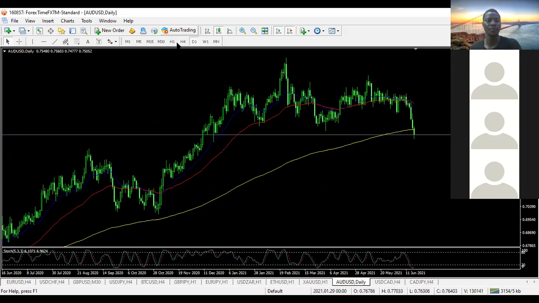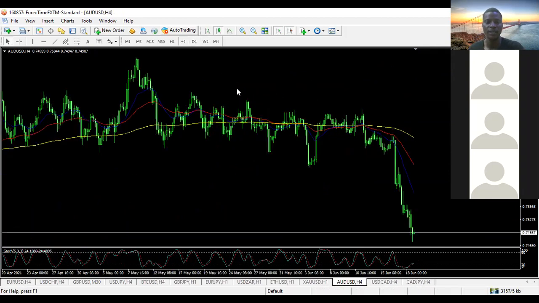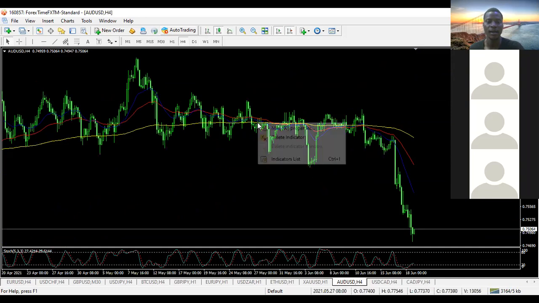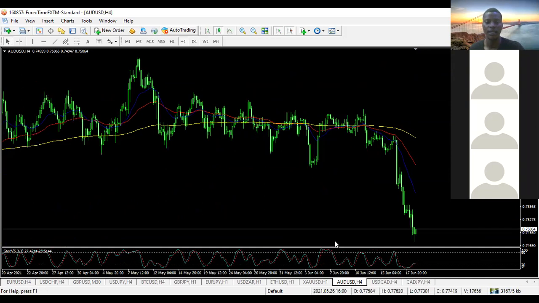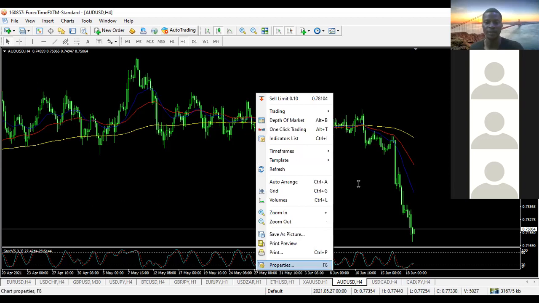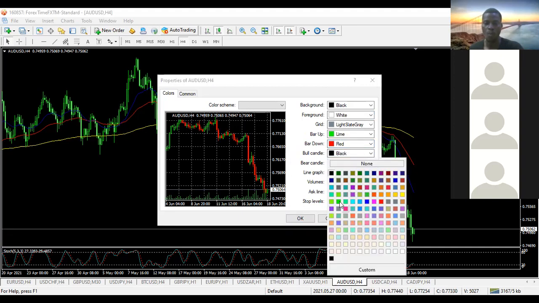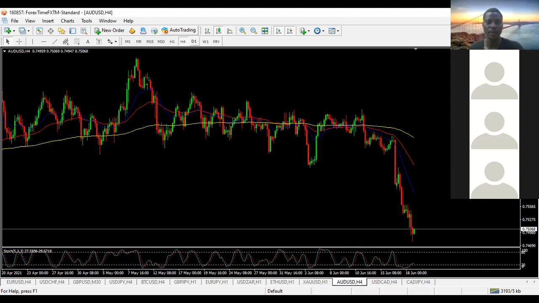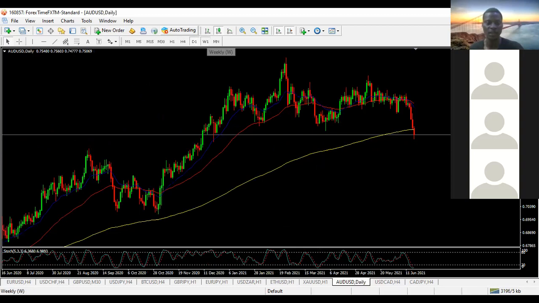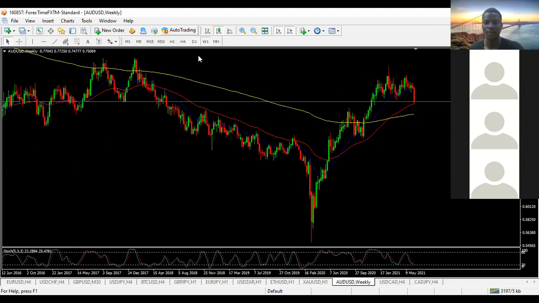Now, for example, on this chart, let me just change this color. Okay, so for example, looking for entries on this. This is Australian-Japanese yen, right?